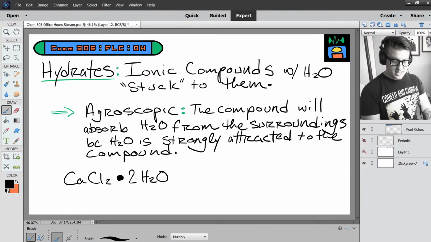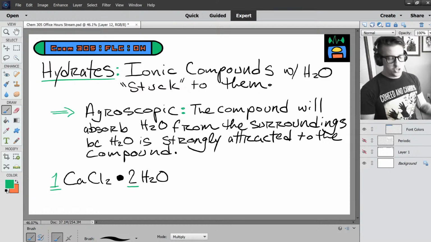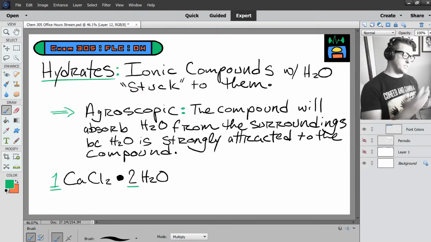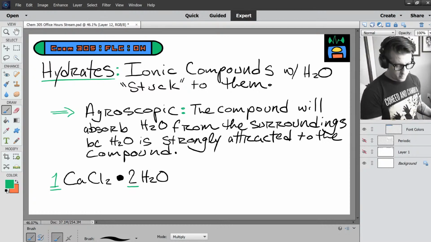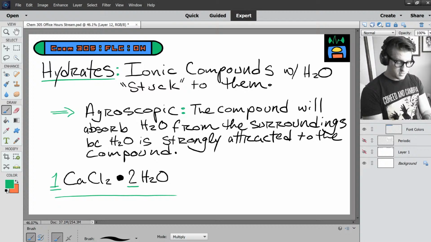All right, that means there's an implicit 2-to-1 ratio. There's 2 water molecules stuck to 1 molecule of calcium chloride, and so this is the hydrate right here.